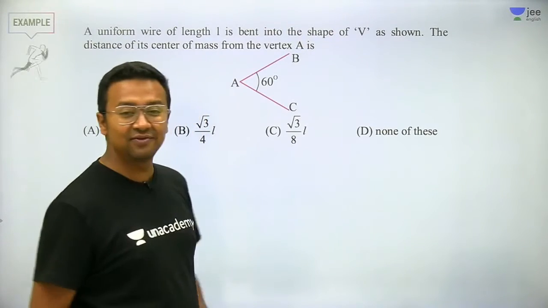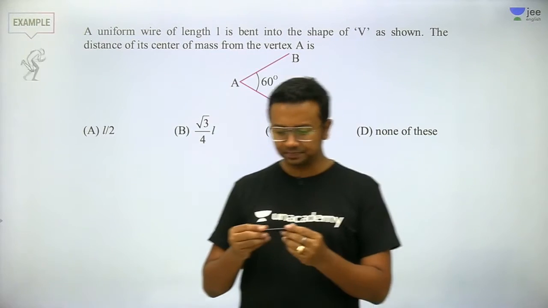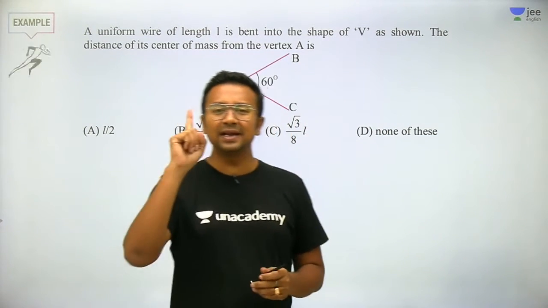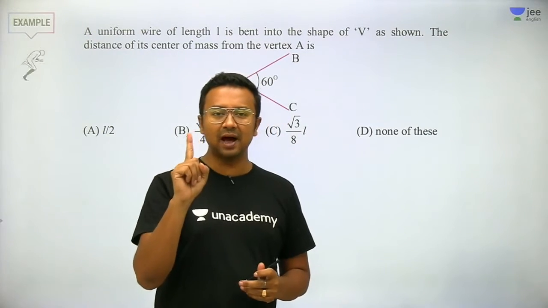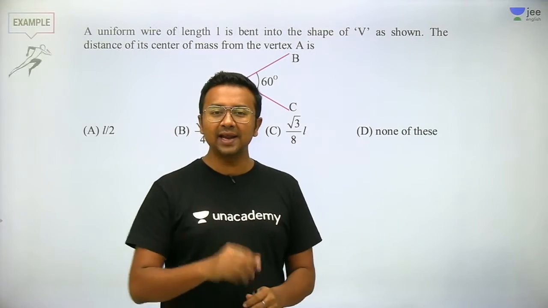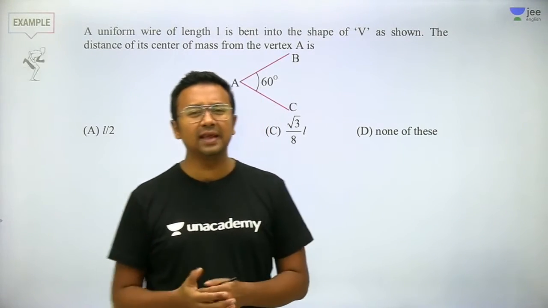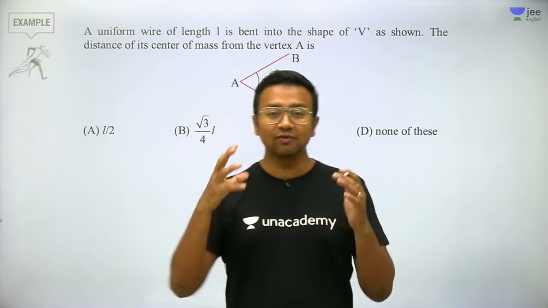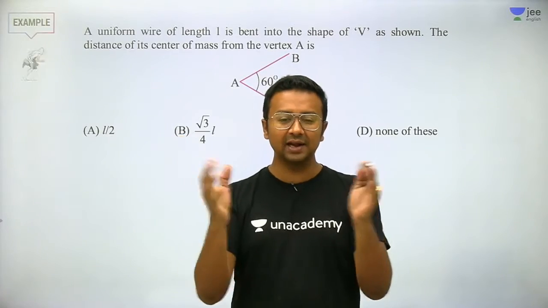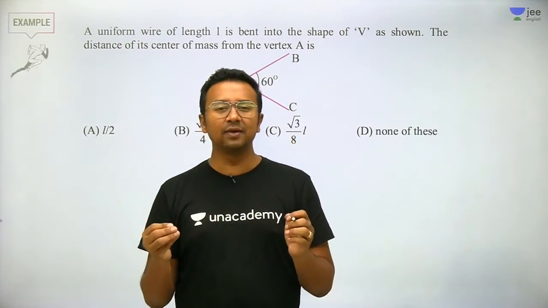So here is my first question. In the JEE mains, over the past few years, there has been at least one question asked from calculation of the center of mass. Right away, they ask you to calculate the center of mass. Like in 2015, there was a question, it was a giveaway question, more of a theoretical question.